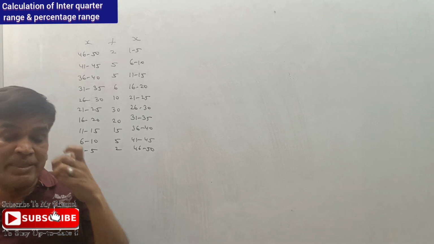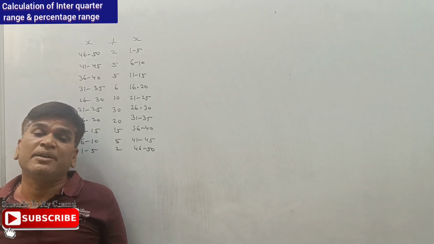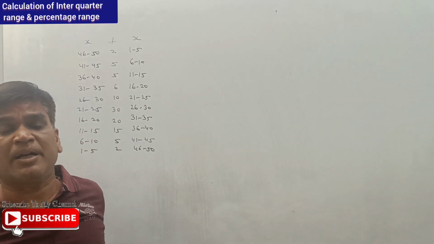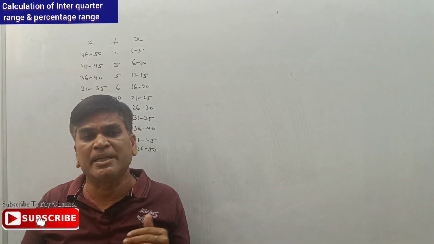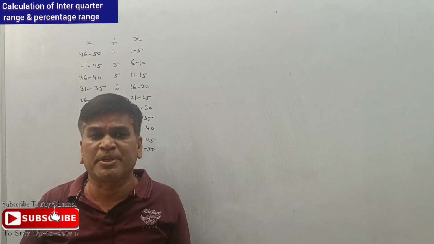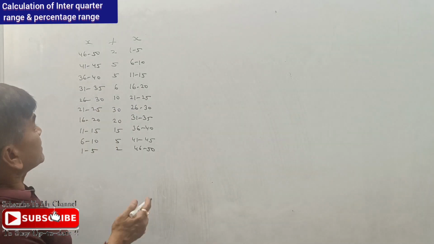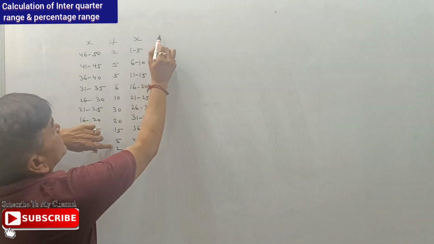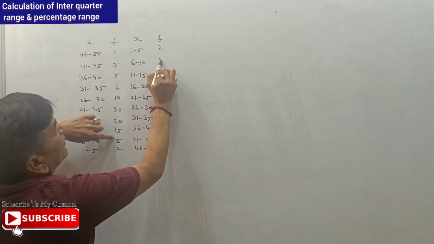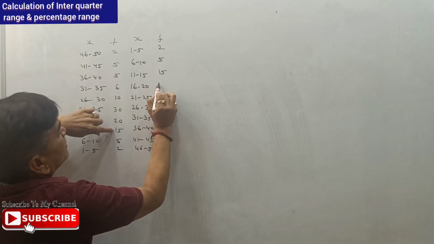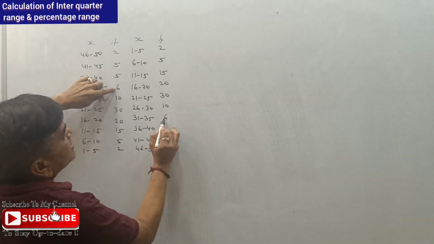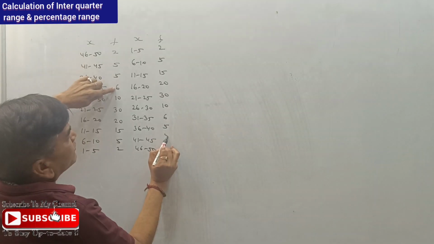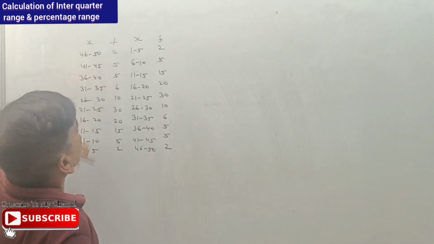Our class intervals were in descending order, so first I arranged them in ascending order to get the result easily. It's important. Next, the frequencies are 2, then 5, then 15, then 20, then 30, then 10, then 6, then 5, then 5 and then 2.